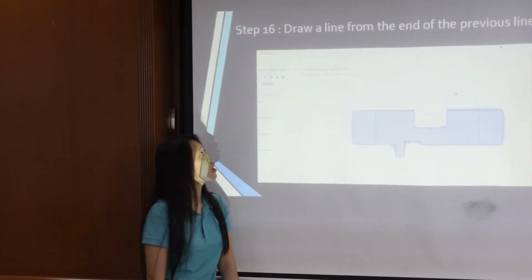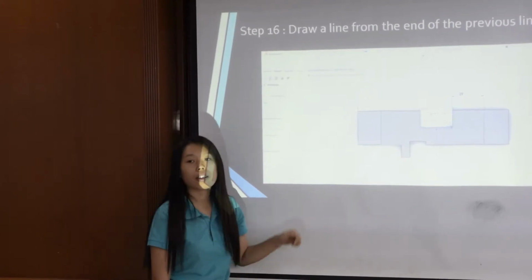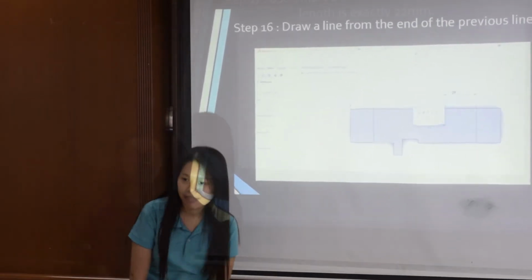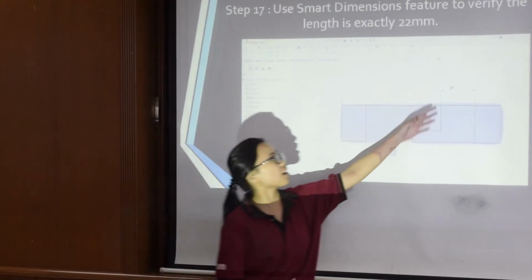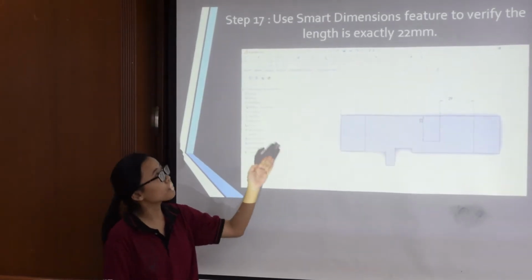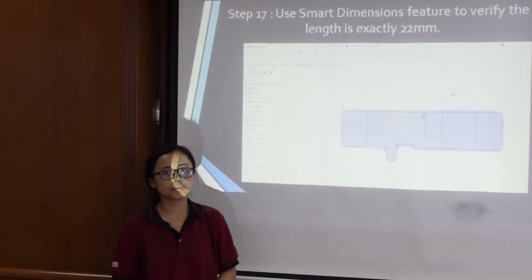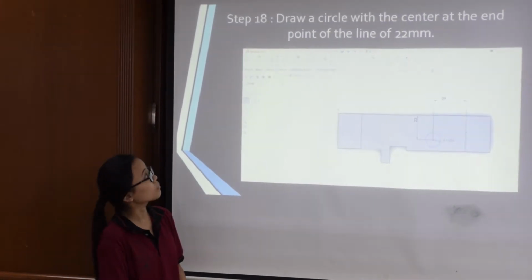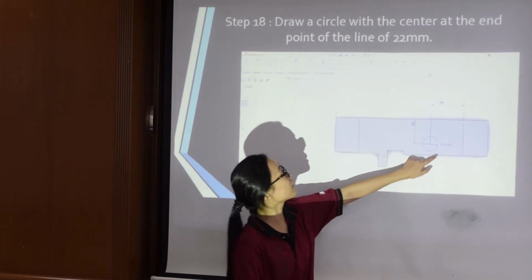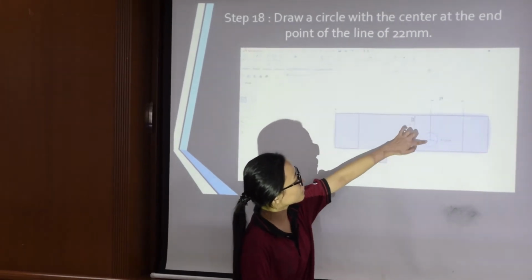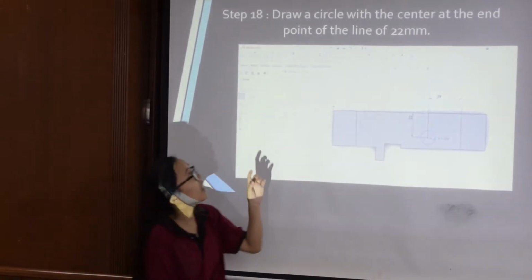Next, we draw a line from the end of the previous line. After the line is drawn, we use the smart dimension to verify the line to become exactly 22 mm. After that, we draw a circle with center at the end of the line here.